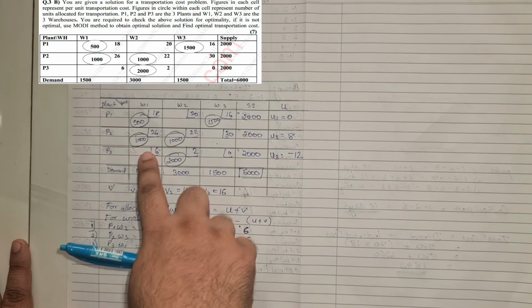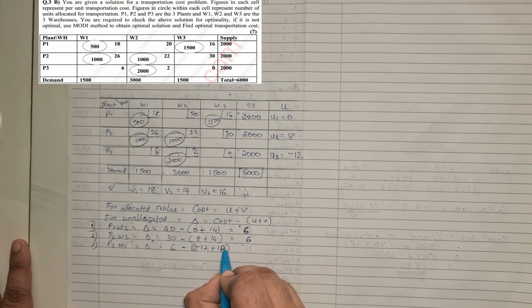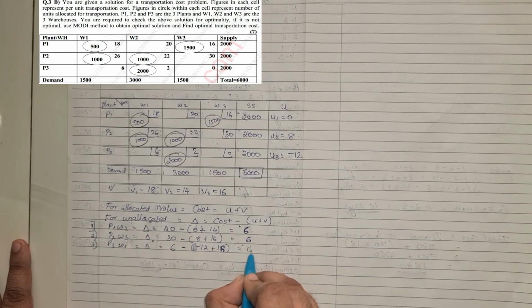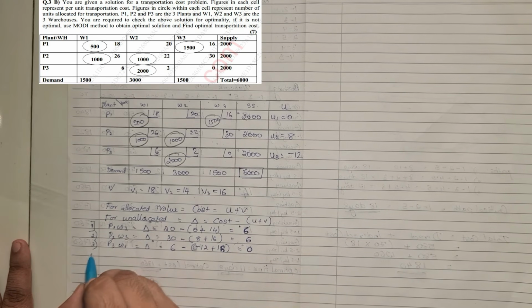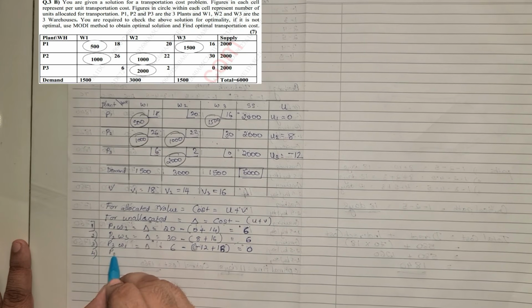Sorry, we are finding P3W1. So u is negative 12 and v is 18. So minus 12 plus 18 is positive 6. 6 minus 6 is 0. Fourth, we have P3W3.